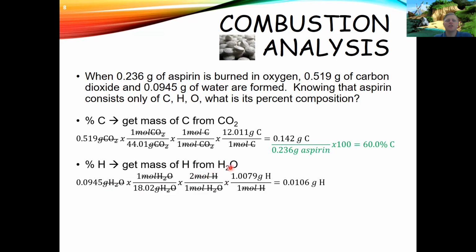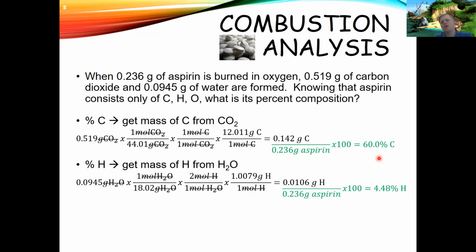So there's actually 2 moles of hydrogen in here for every 1 mole of H2O, right? So we'll have to multiply that by 2, then multiply by the molecular weight of hydrogen to find out that we only released 0.0106 grams of hydrogen. And again, we'll divide by the total mass of the aspirin times 100% to get 4.48% hydrogen.